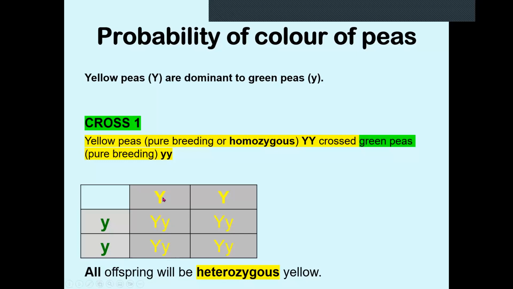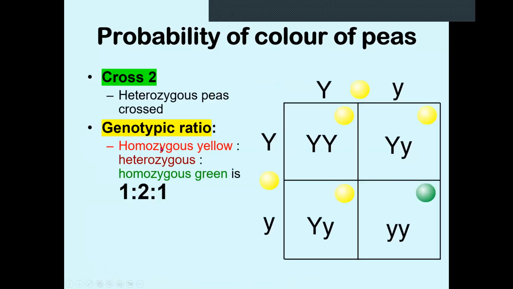And so we have big Y, little y all the way through. So all of them are heterozygous, one of each. That's the first cross. The second cross, you take peas from this first cross, big Y, little y, and you end up with big Y, little y here.